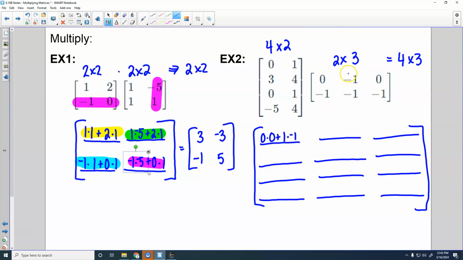And then for the second column, 0 times -1 plus 1 times -1. And for the last, it's going to be 0 times 0 plus 1 times -1.